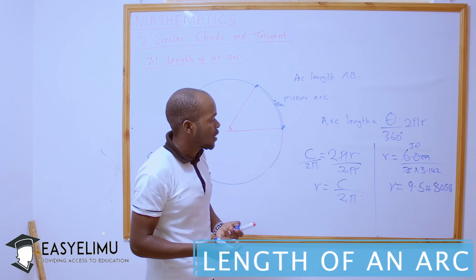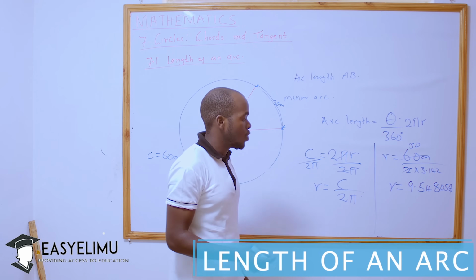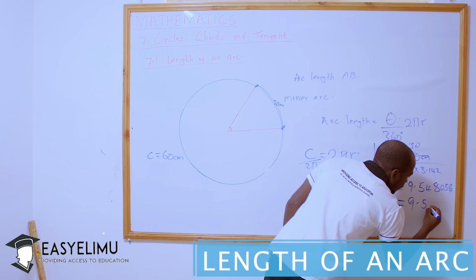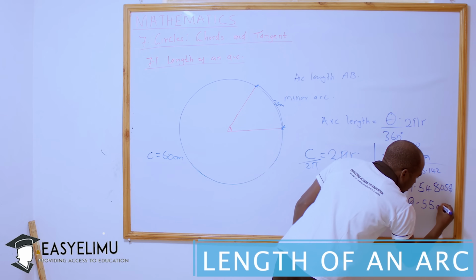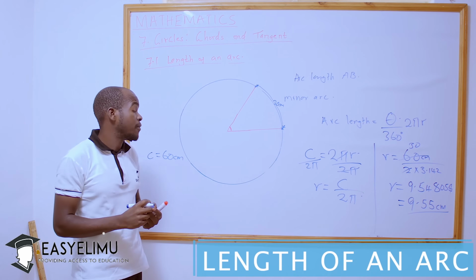To cut it short, let's take 2 decimal places, and we have 9.55 centimeters. So we are having our r as 9.55 centimeters.